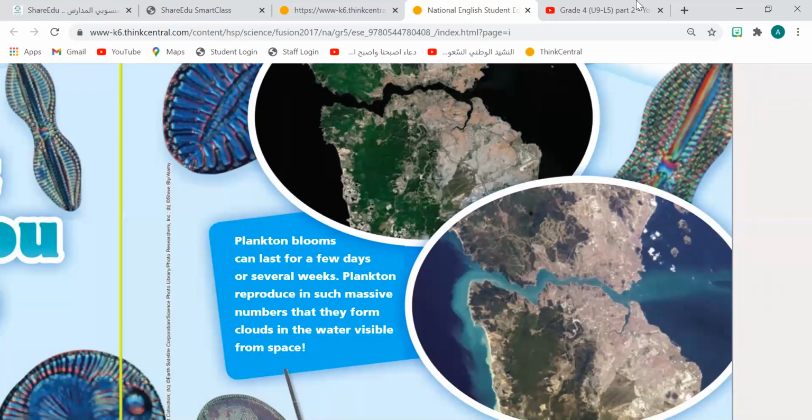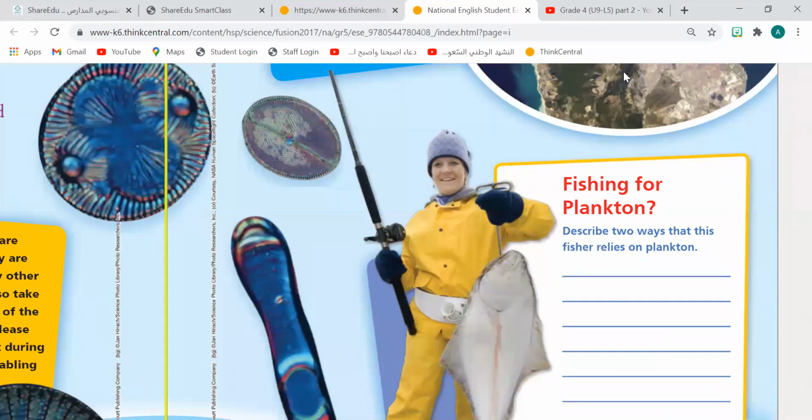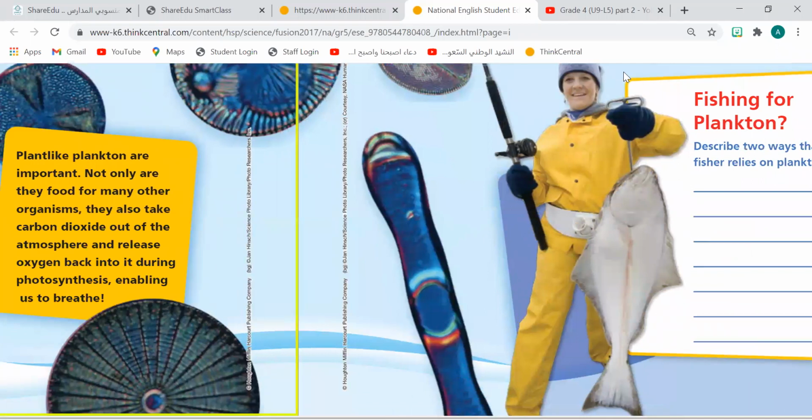Can you see this area? It looks like a cloud. Yes, it does, but it is not a cloud, it is plankton. Whoa, that's super duper cool. Yeah, it is another world.